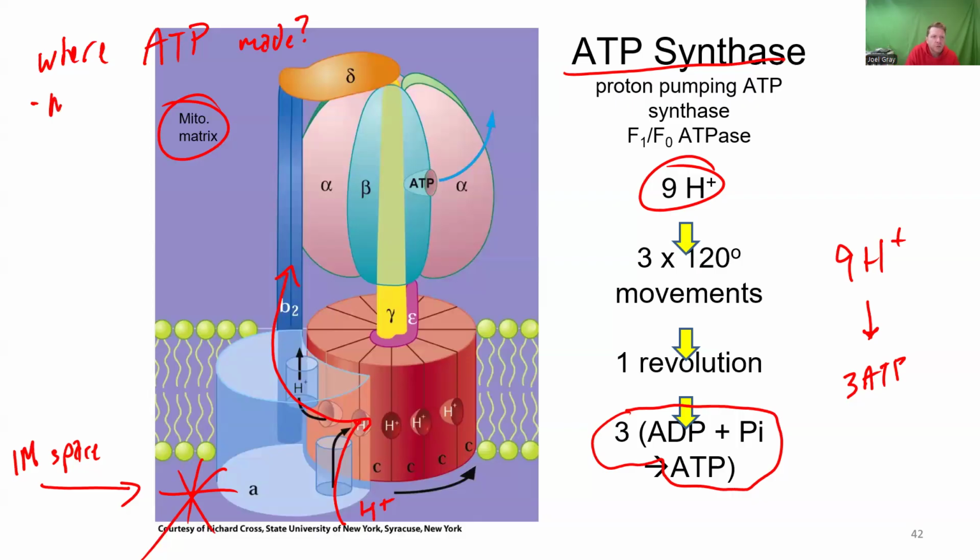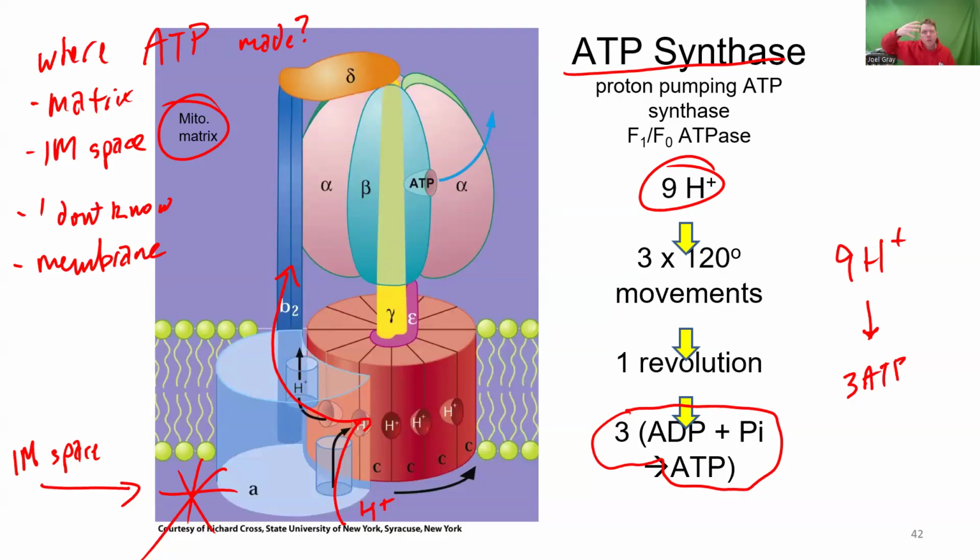You've got options: the matrix, the IM space, I don't know, and last but not least, the membrane. We've got those four options. Think about those. I don't know is out. That's not an option. So where is the ATP being produced?